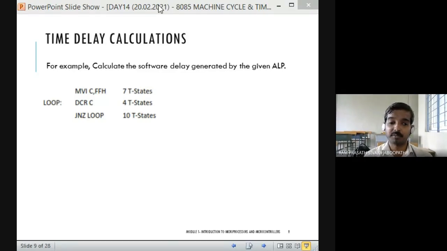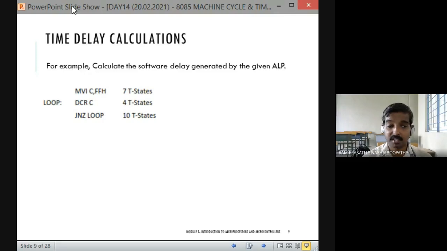It won't perform the operation of reading the higher byte. That means, if the condition is satisfied, how many T states will it take? It also has to read the higher byte of the address. So totally how many T states? That's what we mentioned here.